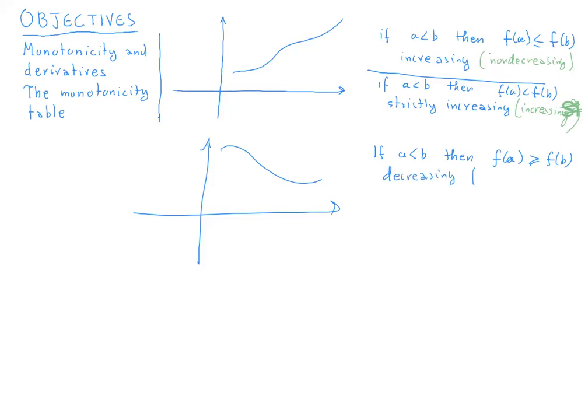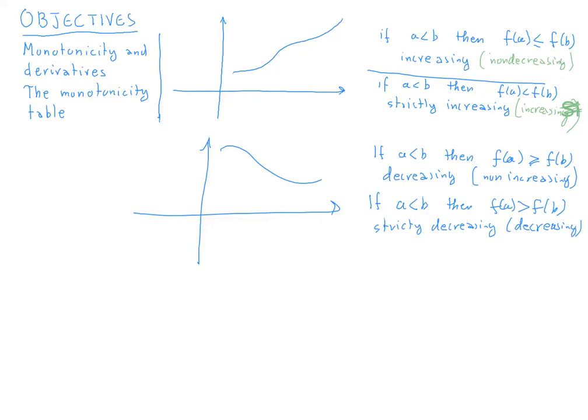And again, this is where some people would call it non-increasing. And if a less than b implies f of a is greater than f of b, then it's called strictly decreasing. And again, in other places, you will just find it as simply a decreasing function.